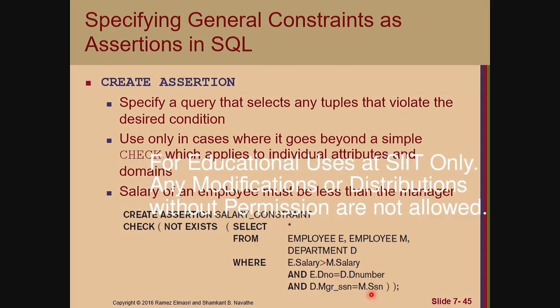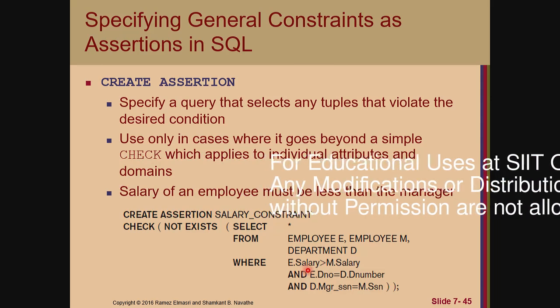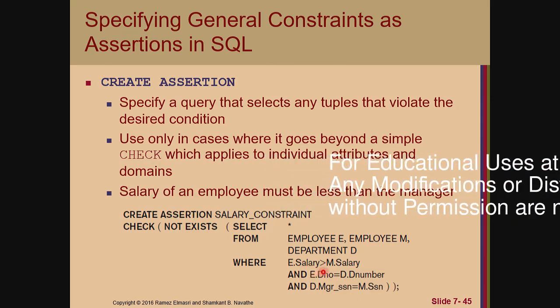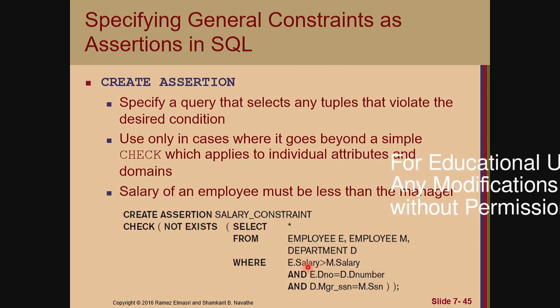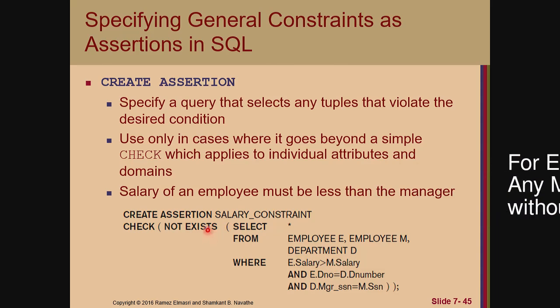Very strange. And we check the salary of the employee: if the salary of some employee is more than the manager's salary, the condition here becomes false. Not exists, but something exists, right? This becomes false. If false, what should we do?